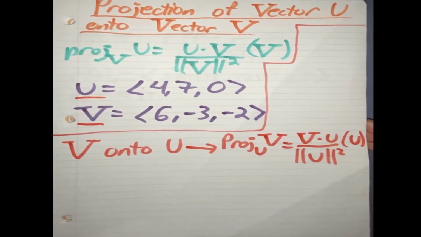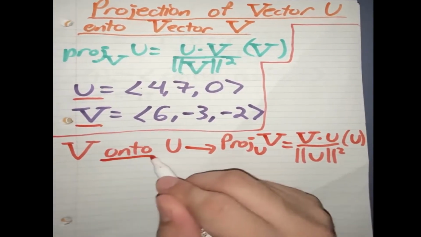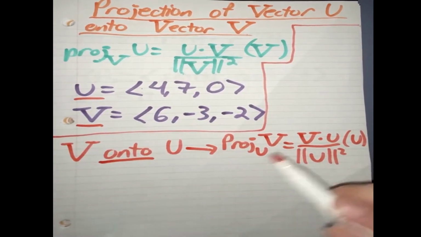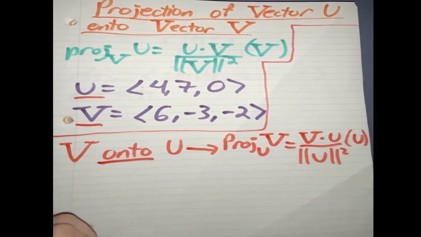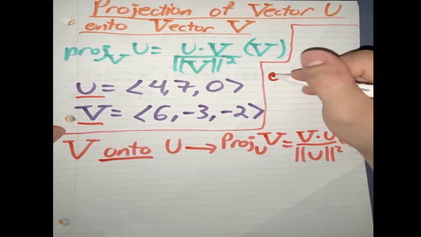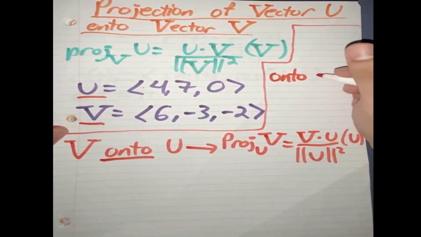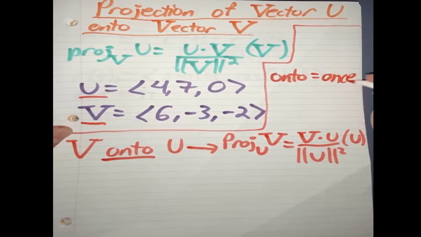So yeah, it's tricky. The keyword is onto. Whichever one is onto the other is only included once.